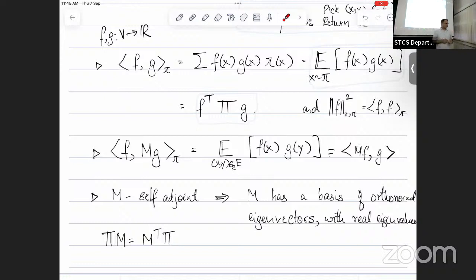So this property is said to be self-adjoint with respect to a certain inner product. The general spectral theorem works for self-adjoint operators with respect to some inner product, and it tells you that under this inner product, you have a basis of eigenvectors with corresponding eigenvalues. All of them turn out to be real valued.